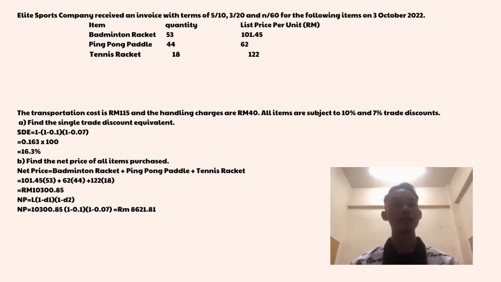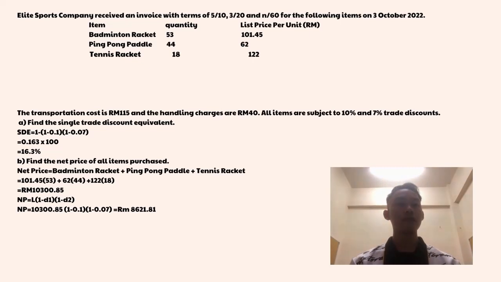The transportation cost is 115 ringgit and the handling charges are 40 ringgit. All items are subject to 10% and 7% trade discount. Question A. Find the single trade discount equivalent.